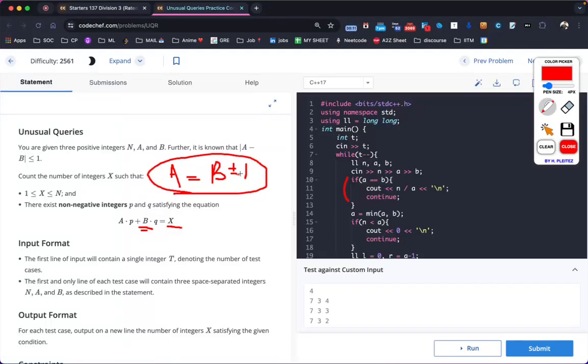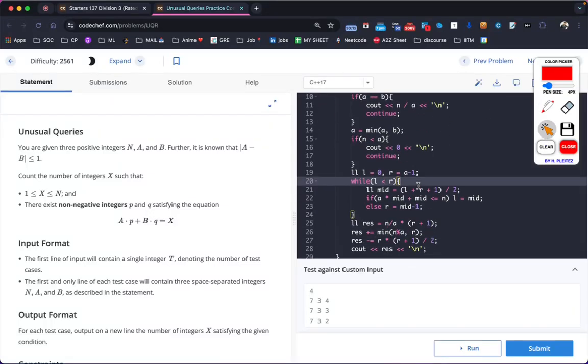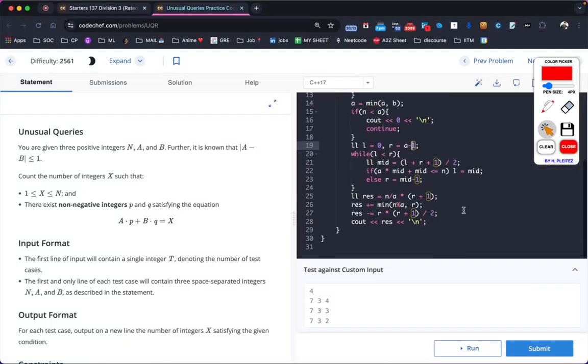If a is more than b, well and good, keep the value of a as it is. After swapping that, we need to run the binary search from 0 to a minus 1. And after running the binary search, find the result the same way we did for a equal to b, as n by a.